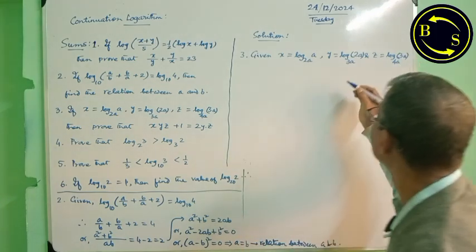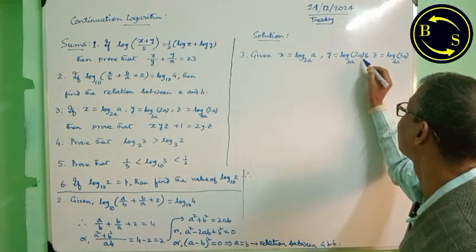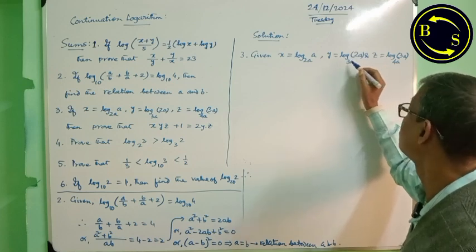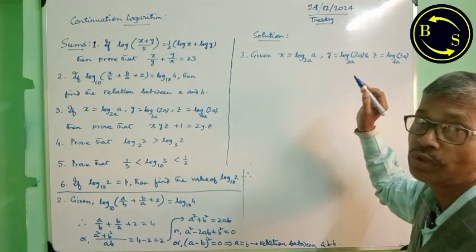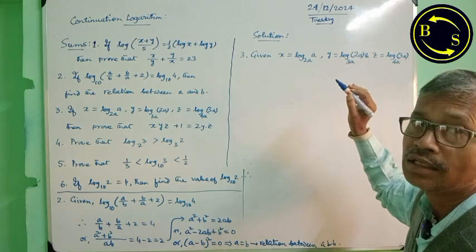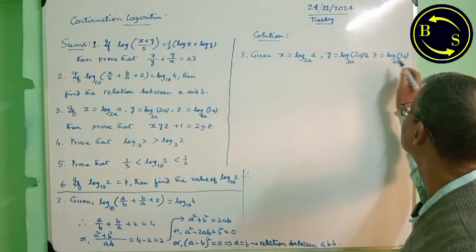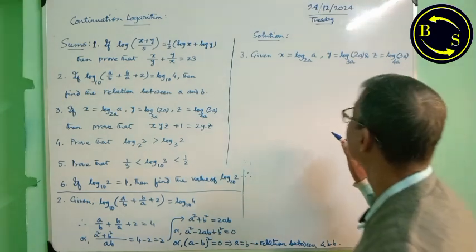One thing, it is better you put brackets, log of (2a). Sometimes students write log just 2a without giving brackets.